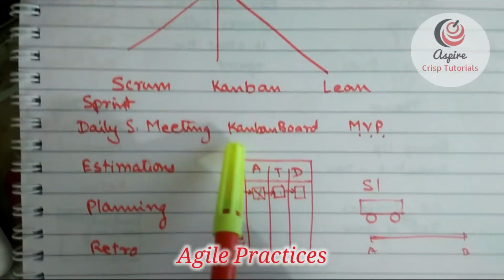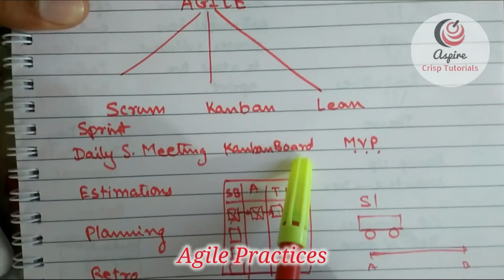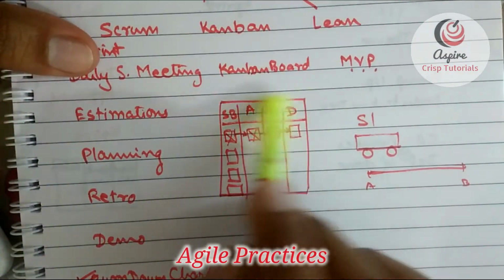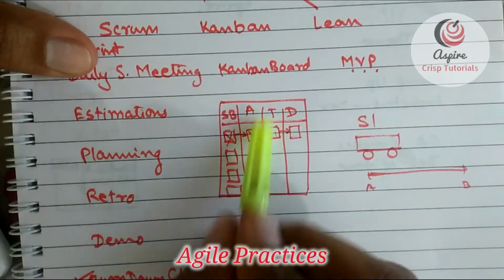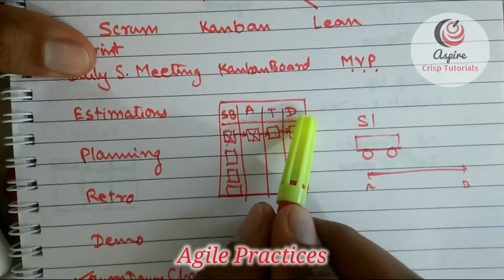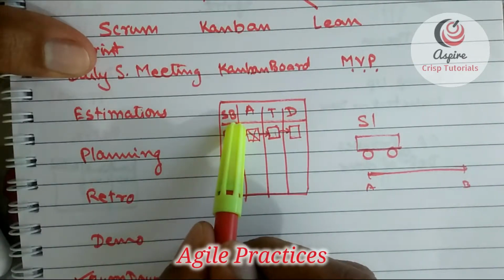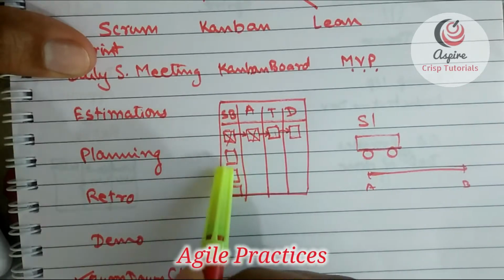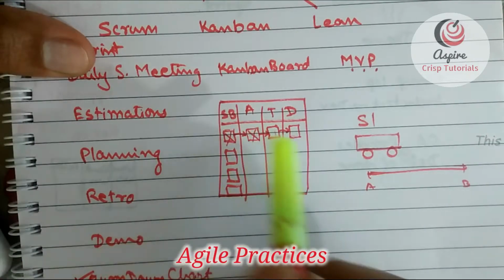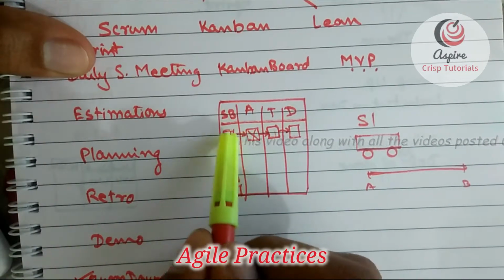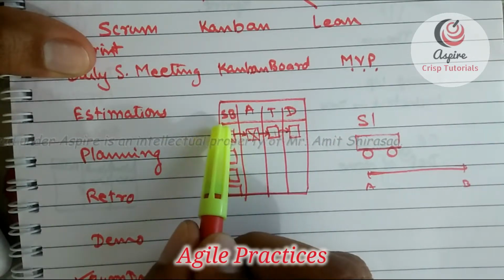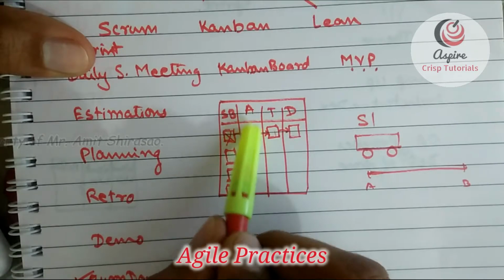Besides, from Kanban, people derive things like Kanban board. So, in an agile team, if you are having a whiteboard or a blackboard like this, in which there are 4 columns: Scrum backlog, active stories, testing stories, and done stories, wherein you stick the sticky notes having the story names, and then when the developer picks up that story and starts working on that story, then he just lifts the post-it card for that story and places it into active.